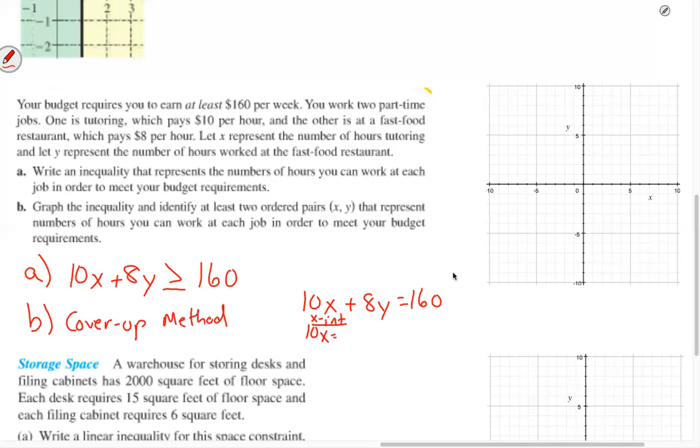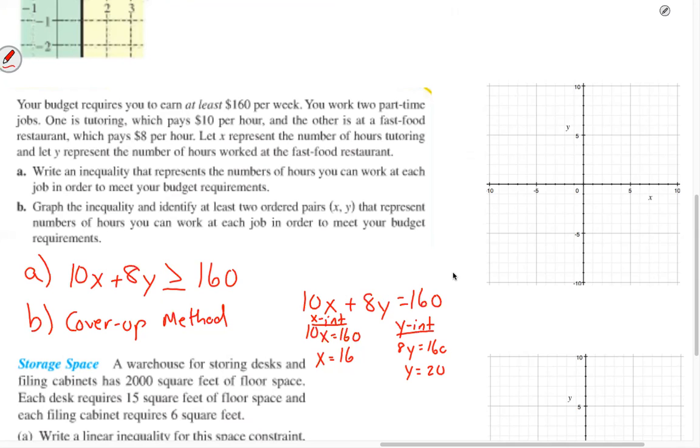So 10X equals 160, and I'd get X equals 16. Got it? And then I would do the Y-intercept. And I would cover up the X, and I would get 8Y equals 160. And I'd get Y equals 20.